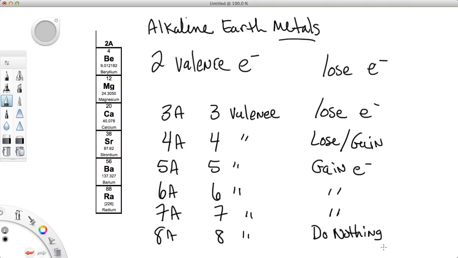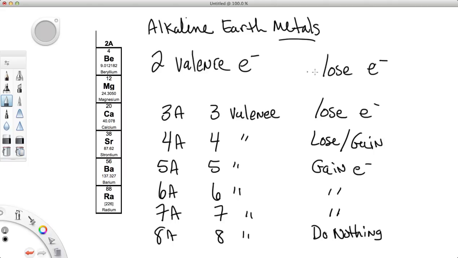And the only way those elements can be stable like the noble gases is by gaining or losing electrons. And so that is what all elements on the periodic table try to do, gain that stability by gaining and losing electrons. Now, how many they lose is based on what group they're in.